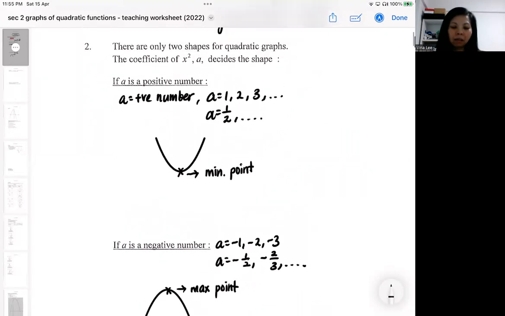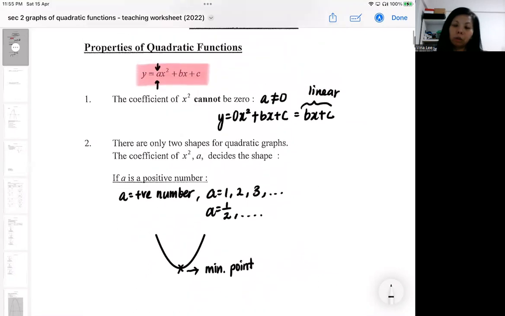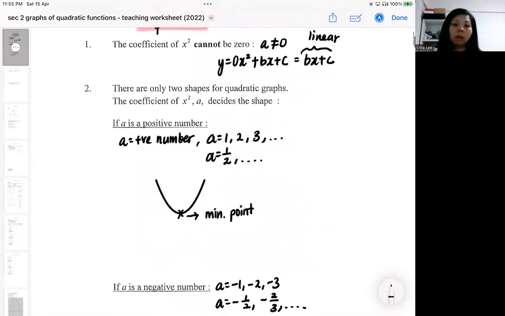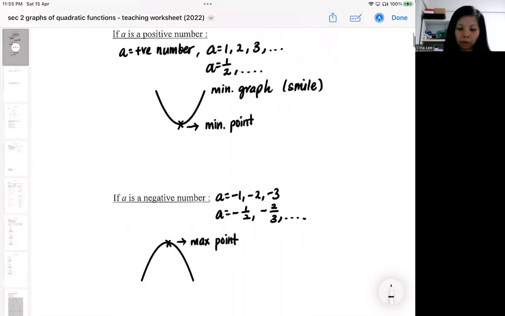All these are standard features. You must get the standard features in your head. It will carry you until upper sec. So this is one of the important properties. When will you see a minimum graph with a minimum point? When a is positive, this is a minimum graph, or sometimes we call it a smile graph.